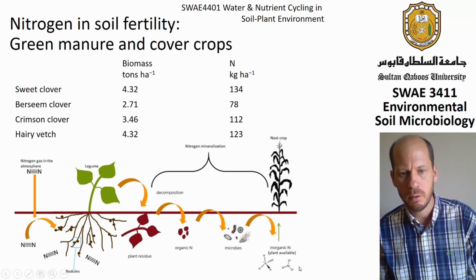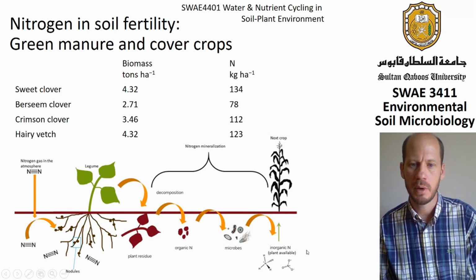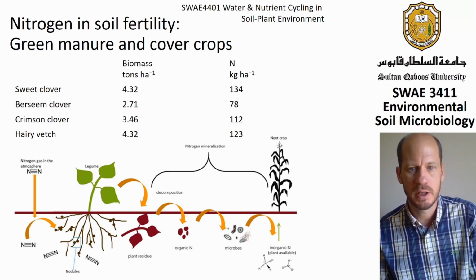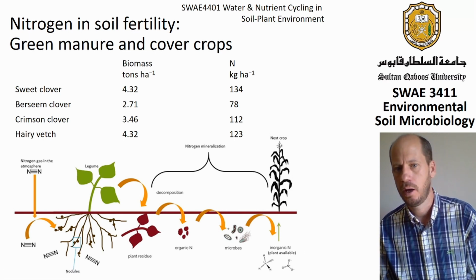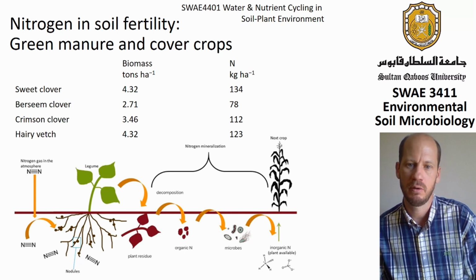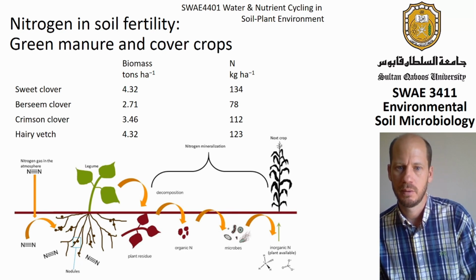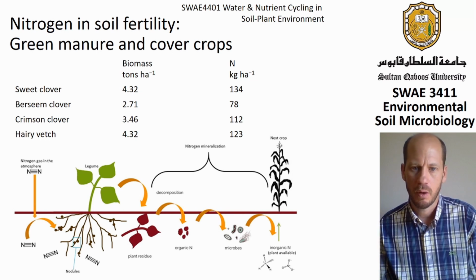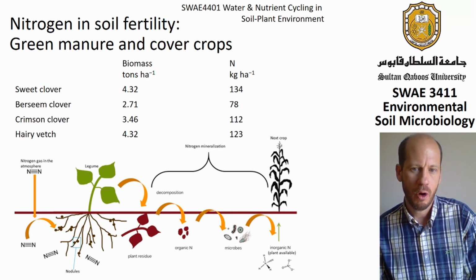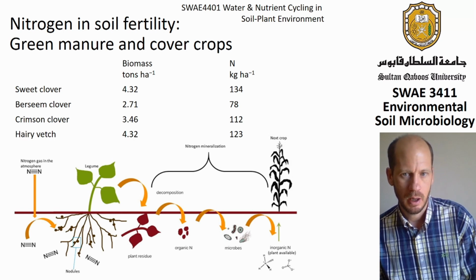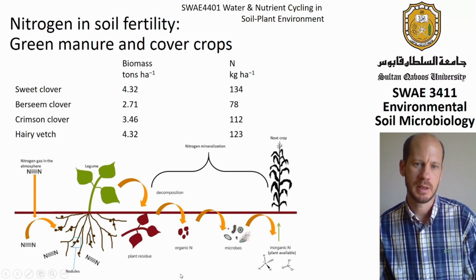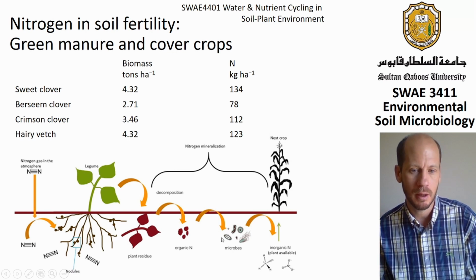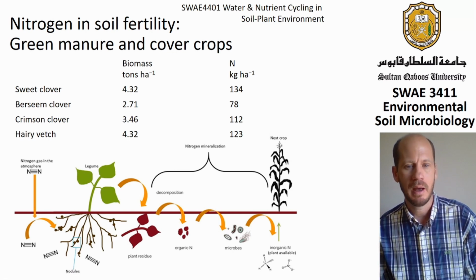This will be variable depending on how much biomass, how much of other nutrients you have in the system, and how efficient is the association of these plants with the rhizobium. But overall, it's a positive technology on the nitrogen cycle. You can supply nearly all the nitrogen that the crop needs only by having the cover crop.